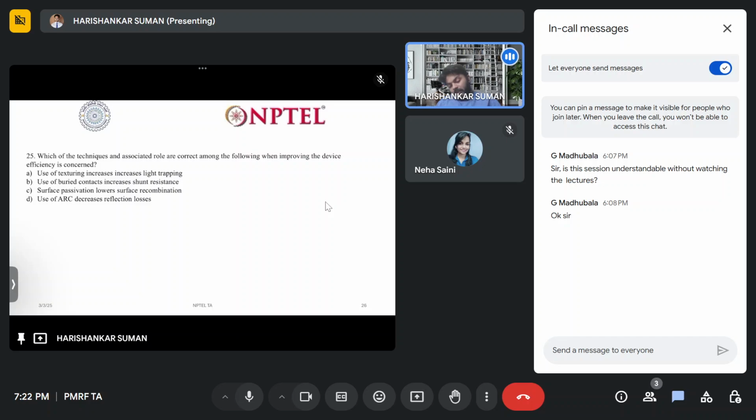So which of the techniques is associated with more efficiency?